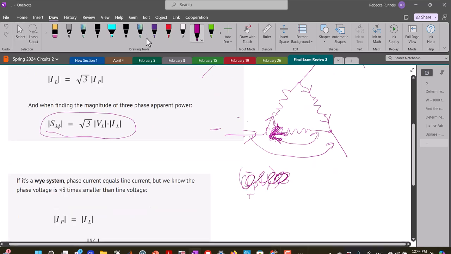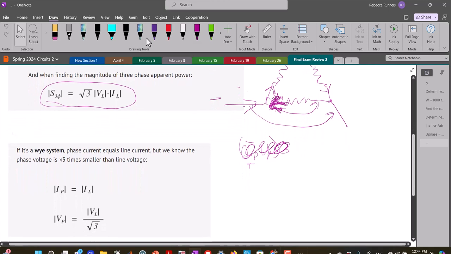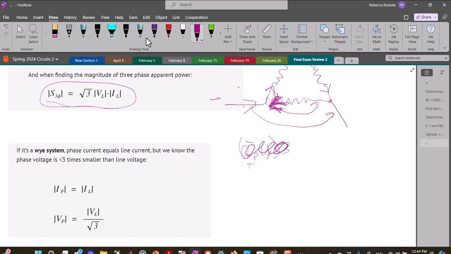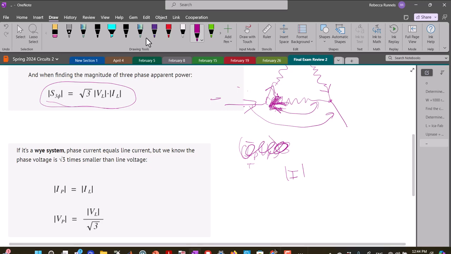Let's say that I had the phase current and phase voltage for either delta or Y, and so I find the power, and I'm just going to say the real average power. I find the power in one of these branches, and so the power would be the current times the voltage, but I've got 3 of them, so I'd multiply by 3, but that's phase.